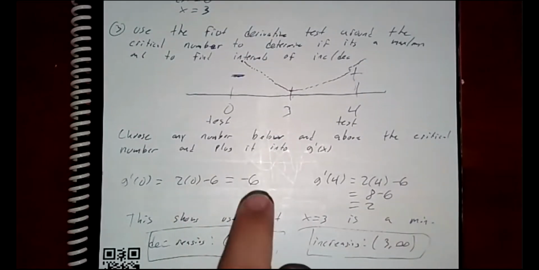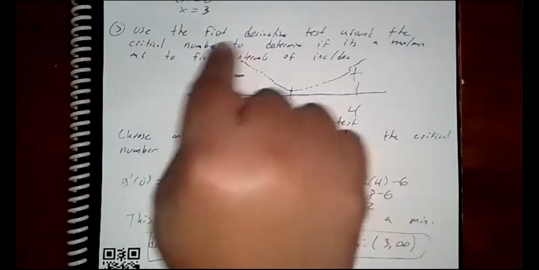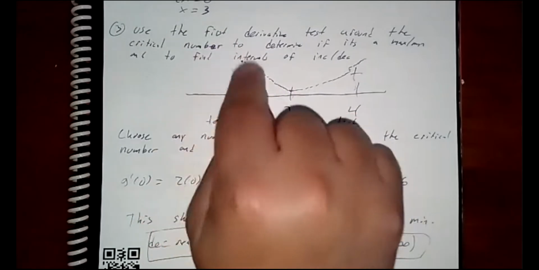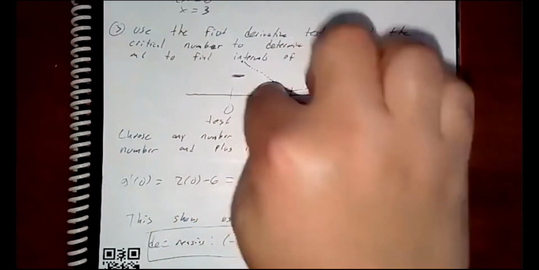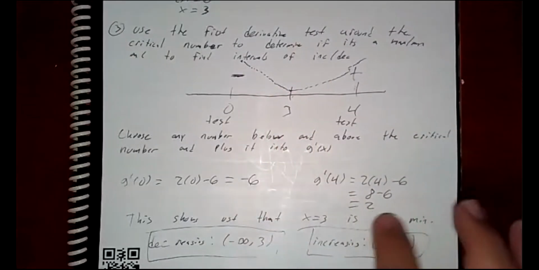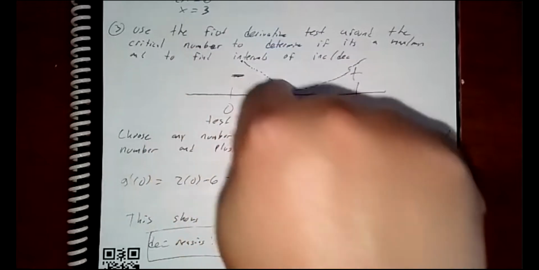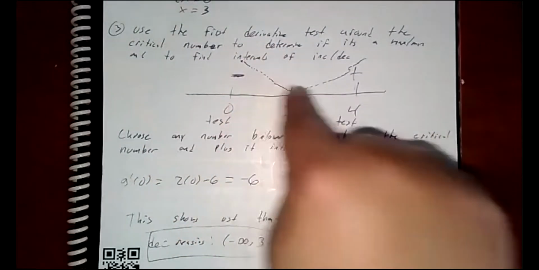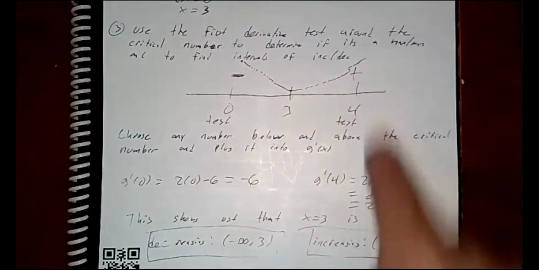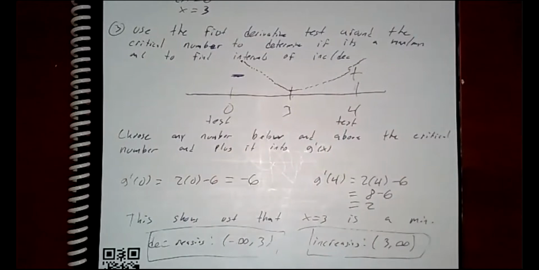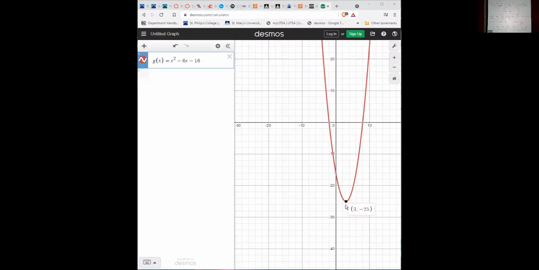If your derivative is negative, that means you're decreasing below the critical number. Over here, you got a positive, and I plugged in a number above. So if I'm decreasing and then increasing, that means I have a minimum. That shape appears. Which, if we look at our graph, we already knew that, right? We knew it was a minimum.